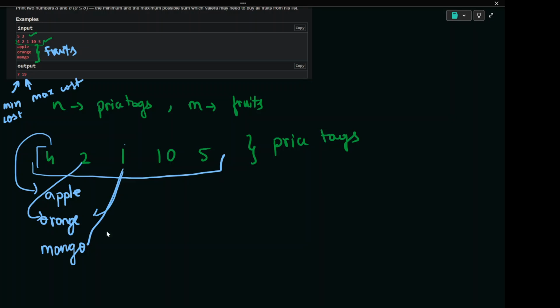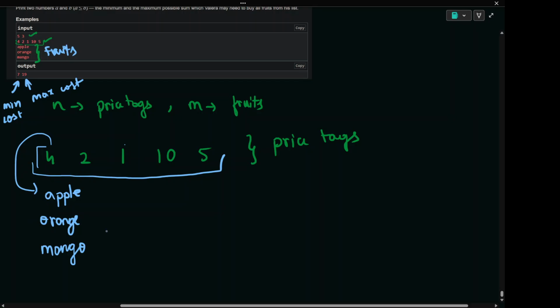So how would you get the minimum cost? Can anyone answer? If anyone is listening. You can sort the cost and take it. It was not really clear, but I heard that we can sort it and take it.